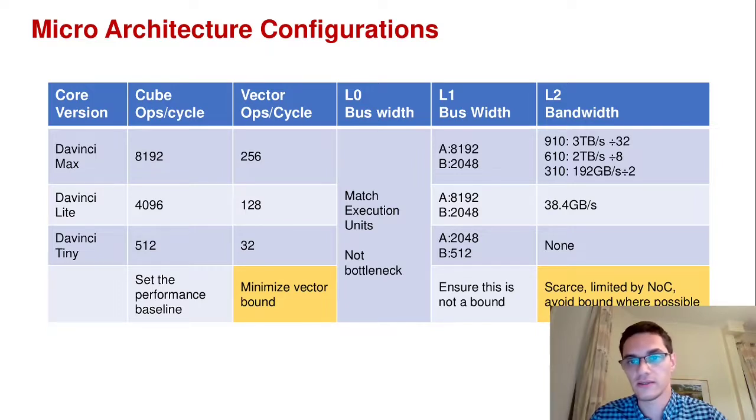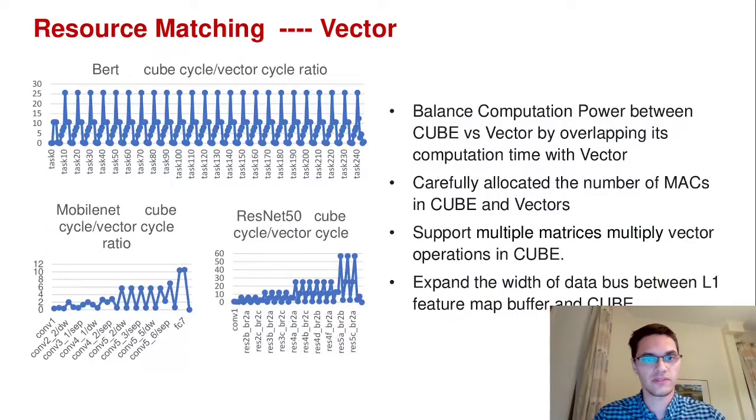So DaVinci 910 has 32 cores, and DaVinci 310 has 2 cores. All the design choices regarding the parameters of the cores were made, of course, as a result of thorough profiling of a variety of neural networks.